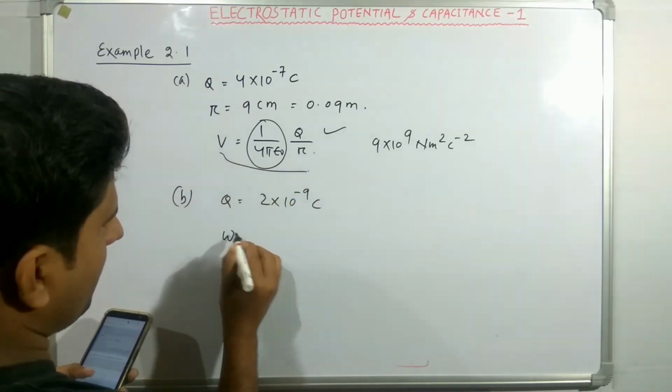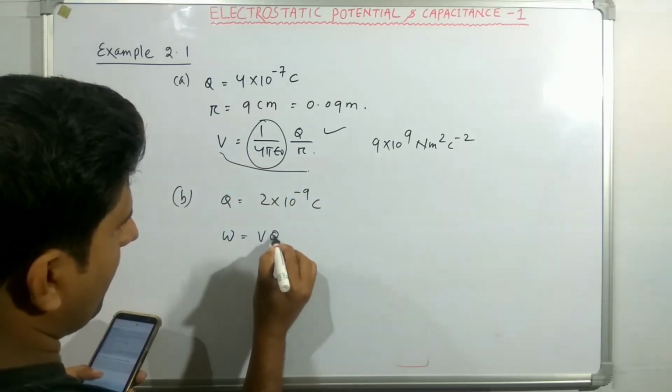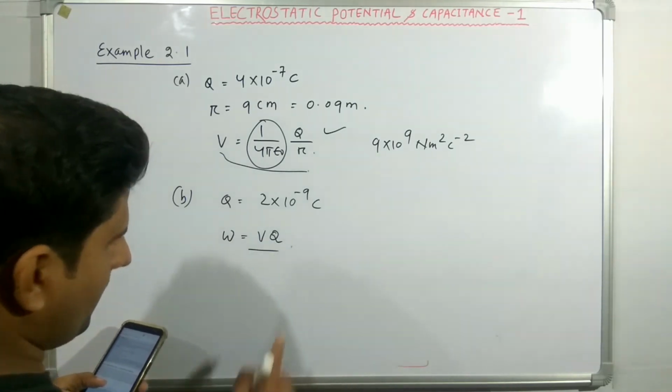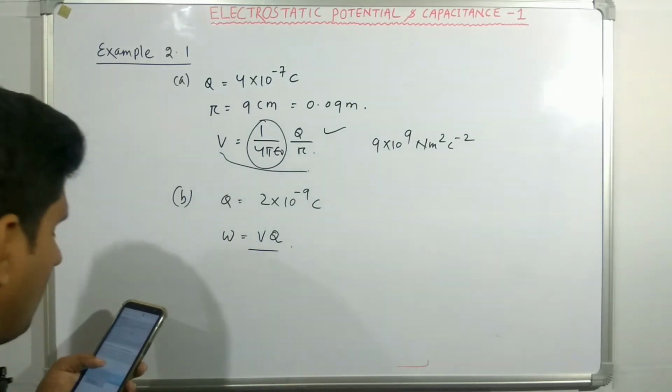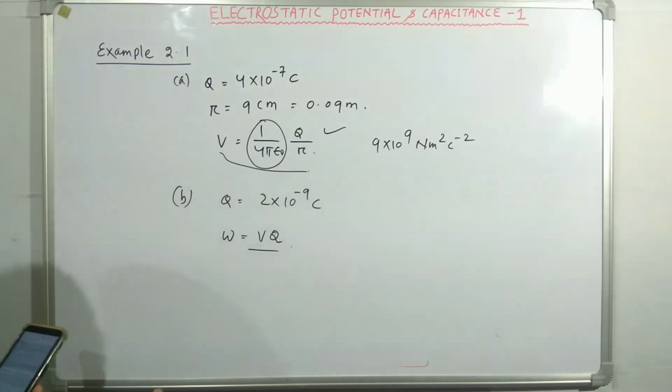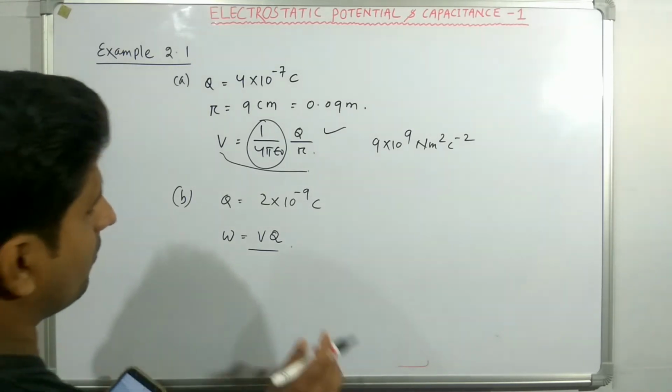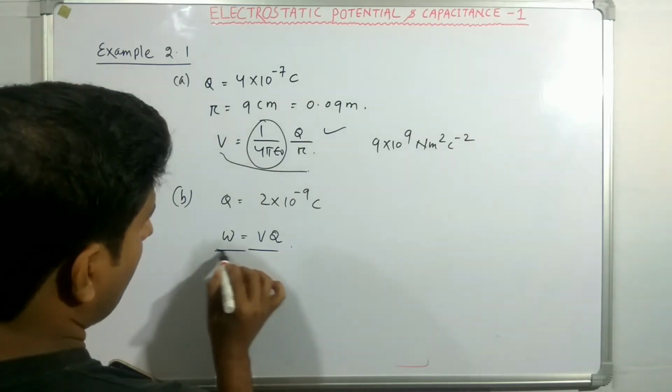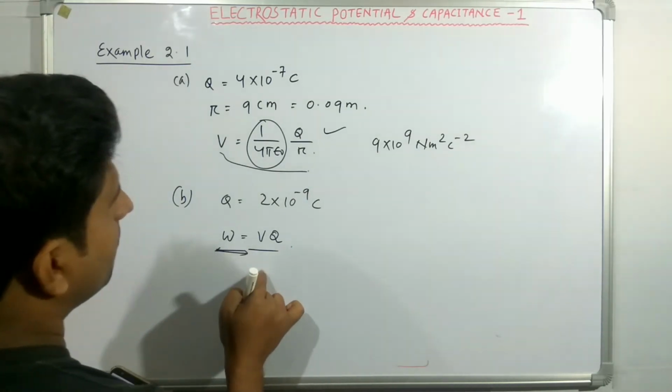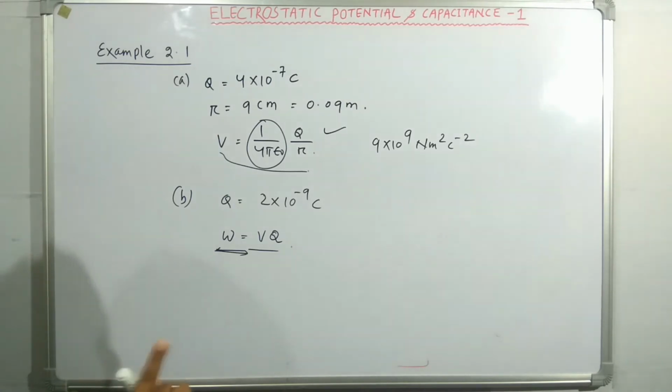The work done equals potential into charge, and then we calculate the work done. Then, does the answer depend on the path along which the charge is brought? No, the work done does not depend upon the path.